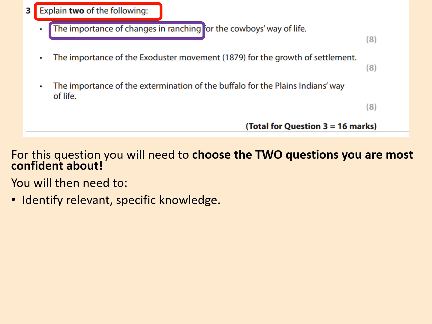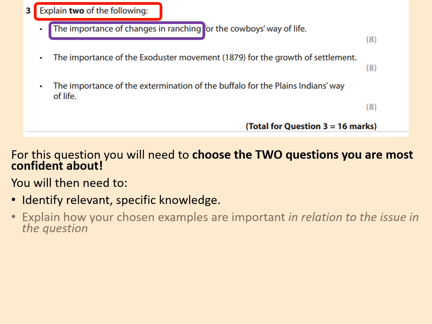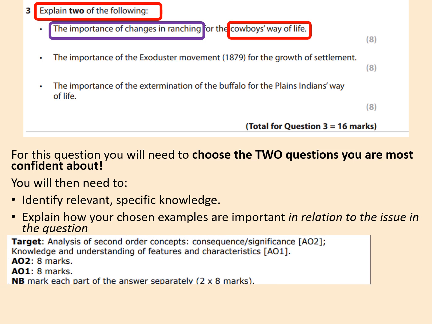That's why at the start I referred to the importance of X, one thing, to another. You'll need to explain how your chosen examples are important in relation to the issue in the question, which here would be the cowboys' way of life. Here's what a part of the mark scheme looks like. Here you're going to be assessed on your analysis of second order concepts, in this case consequence or significance.